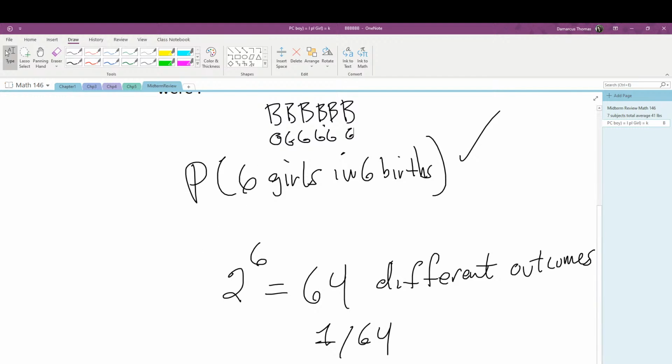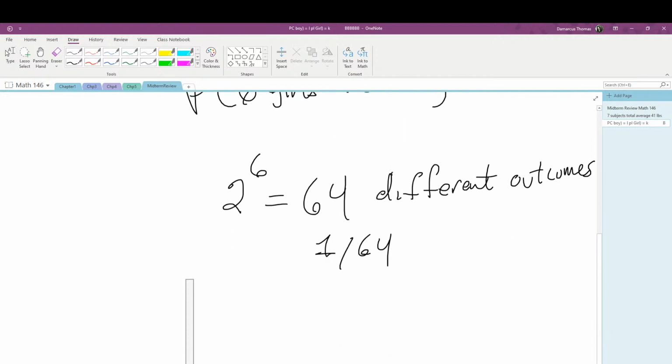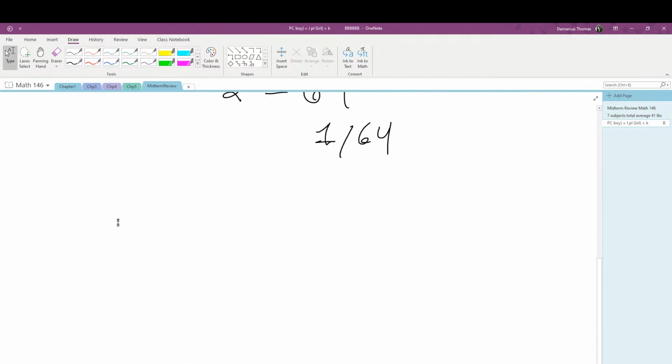And the way we were able to do that was knowing that basically there's 6 different spots. First birth, second, third, fourth, fifth, sixth. There's 6 of them all together.